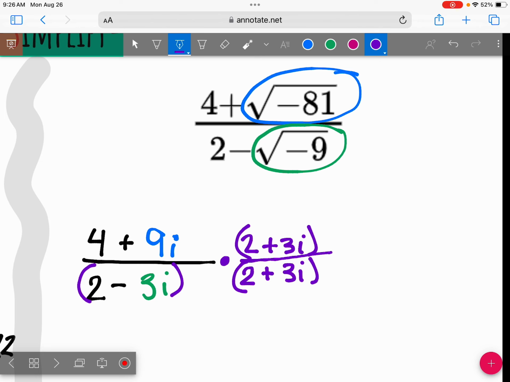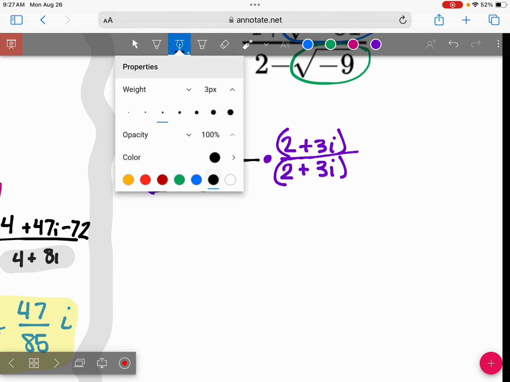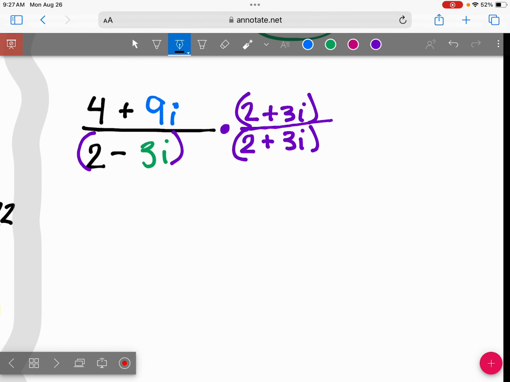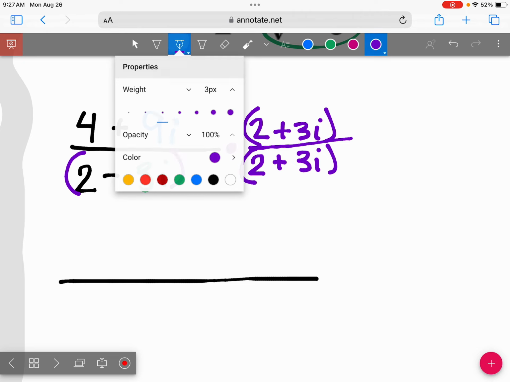You have to multiply it by a 1. Do not just multiply the denominators. So now we're going to do this multiplication. What do we get when we multiply this out?